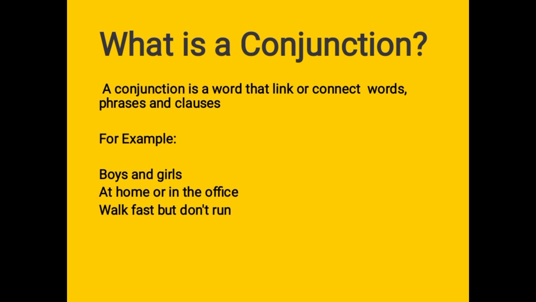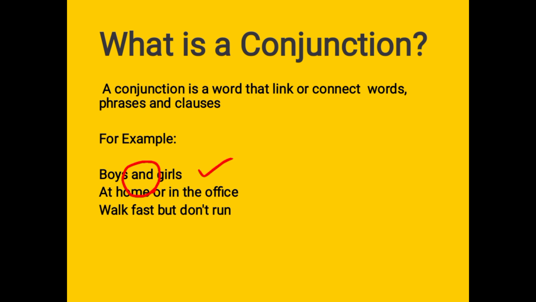If I remove the conjunction and, the result would be two separate words, boys and girls. So boys and girls are connected together with the conjunction and. So the result is a phrase.